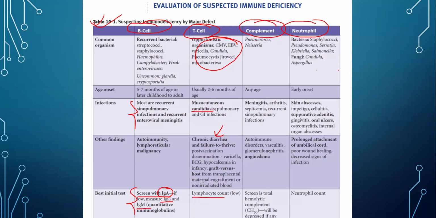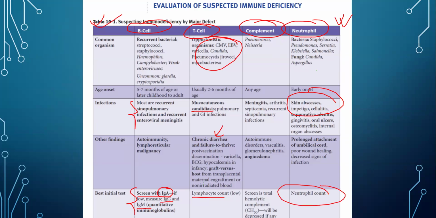Complement deficiency is not important for the exam. They also get bacterial infections. And for this patient, you will have to do all the complement screening. Neutrophil deficiency comes in the exam. If someone lacks neutrophils, they get a lot of skin abscesses. So if a child presents with a lot of skin abscesses, impetigo, cellulitis, then you can think of neutrophil deficiency.